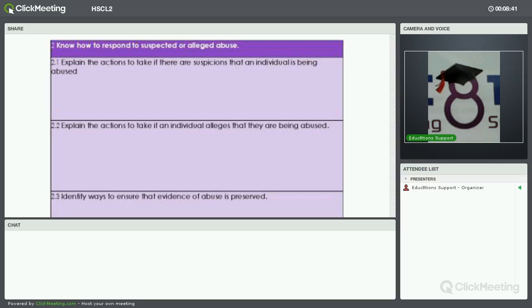It is always better to report a suspicion and for it to be found out to be nothing than to have ignored it and later found out it was a severe case of abuse. So always go by your gut feelings, that's what I always advise. So in there, I want you to tell me that if you have got a suspicion that an individual is being abused, what actions do you take?